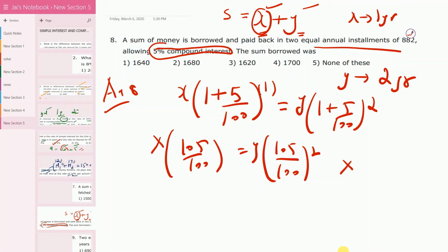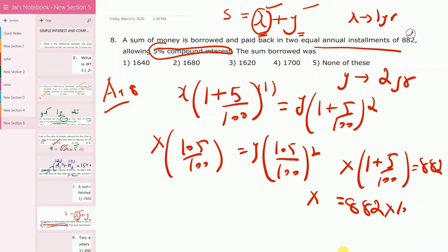And also they are saying that I have paid an installment of rupees 882 after my first year. So from here I can simply calculate the value of x, that is nothing but 882 into 100 upon 105, and this comes out to be rupees 840.